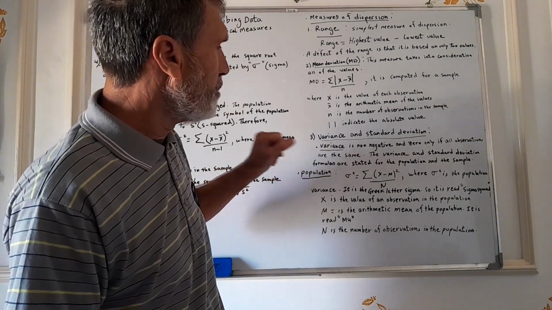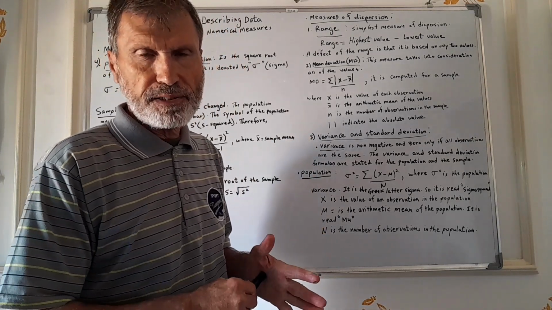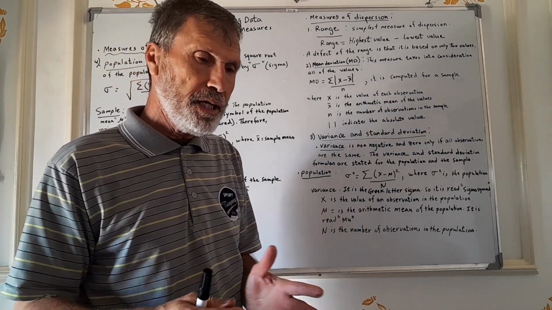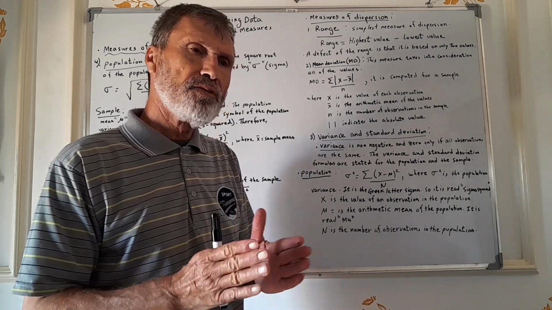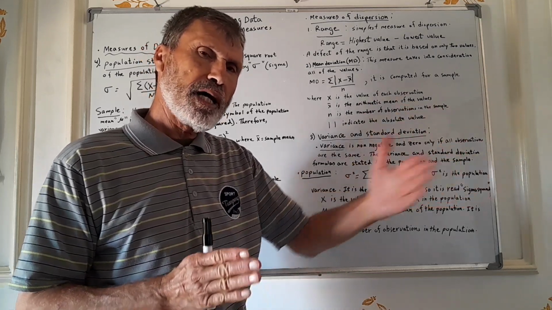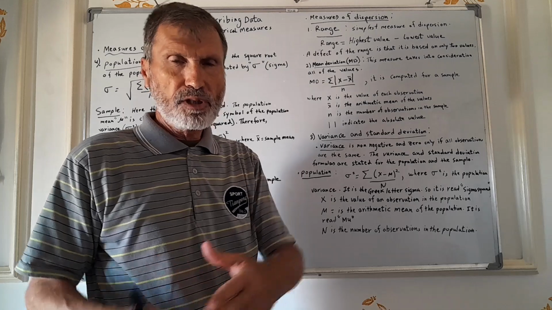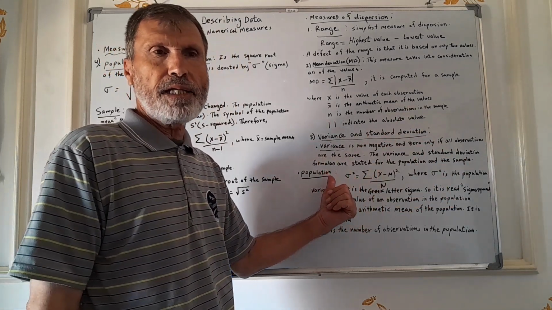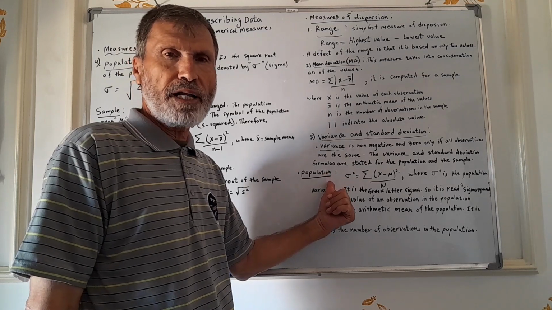The third measure of variation is the variance, and the fourth one is the standard deviation. Here we're going to consider the variance for the population and for the sample. So let's first start with stating the formulas of the variance for the population.